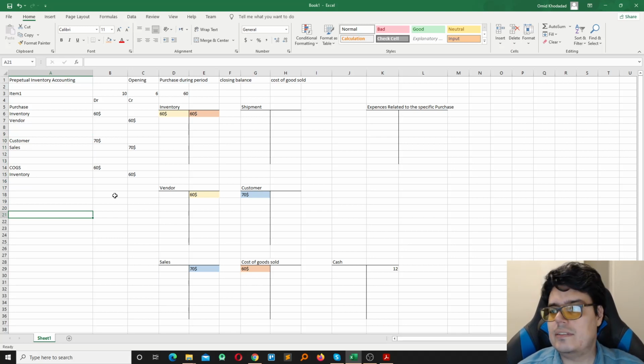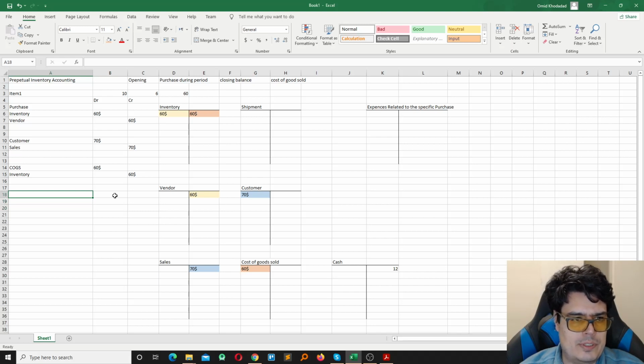After we have done this, then something might happen. Sometimes we find that the freight or customs or something else is not included in the formula. So we have to also register that in our accounting. For that, I'm not sure in which format we can do this. But something like this should happen, because in perpetual accounting we don't have a separate account such as purchase.